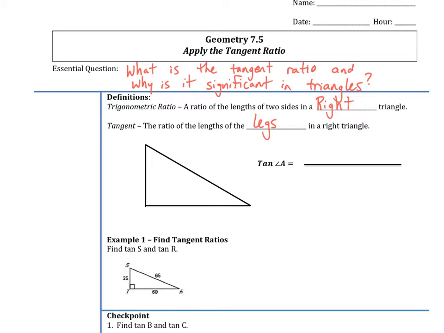Okay, so what we have is a right triangle, which has a 90-degree angle. If we call this vertex A, this vertex B, and the right angle C, now we want to find the tangent of A. So from A, this is the angle we're talking about right here, angle A. There is a hypotenuse in the triangle.